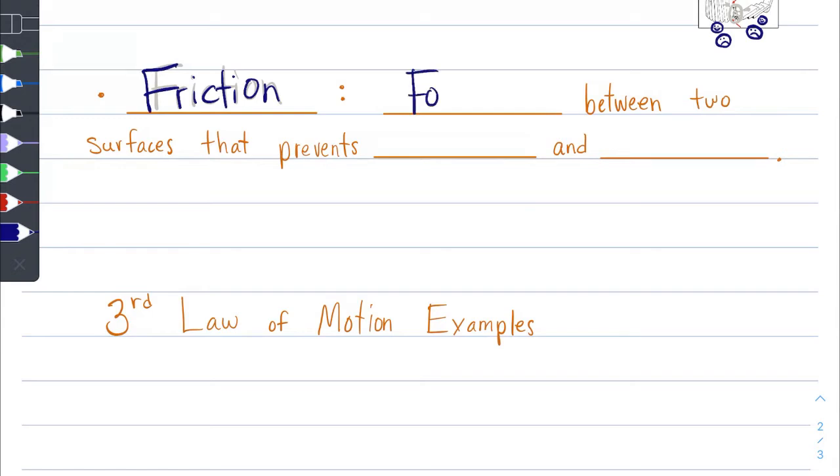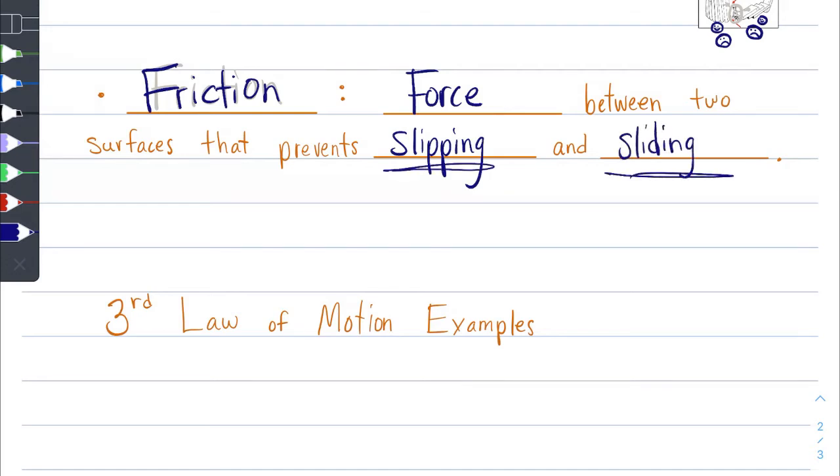So friction is the force between two surfaces that prevents slipping and sliding. Things that have very low friction are things that you slip and slide on, like ice or snow. Things with a lot of friction are going to prevent slipping and sliding.